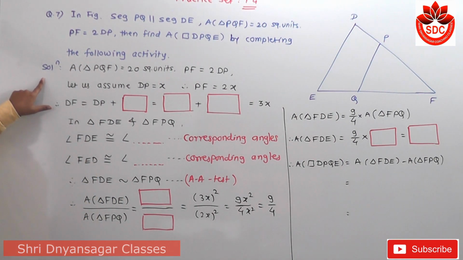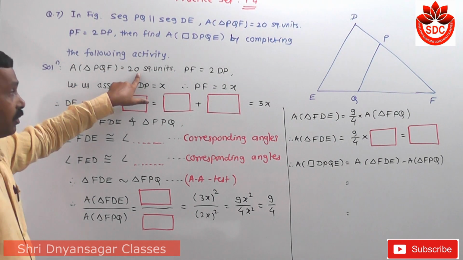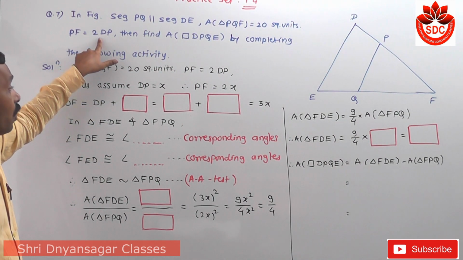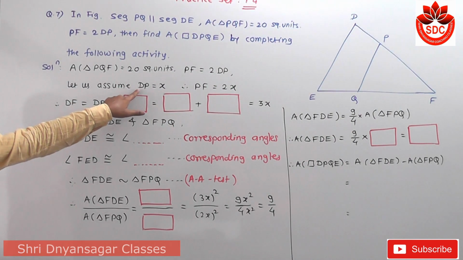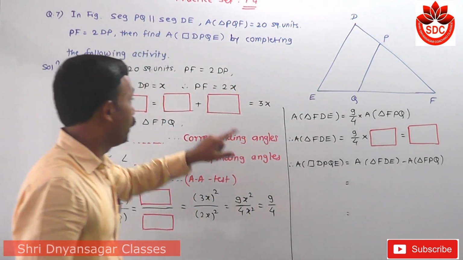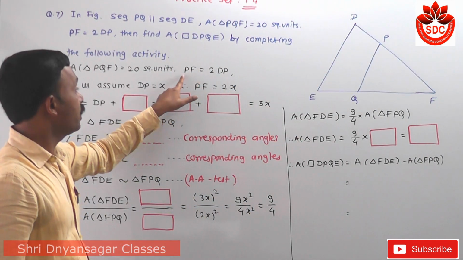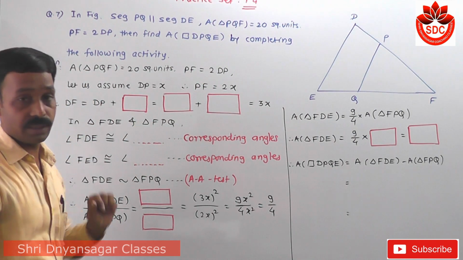Now, in this solution, the area of triangle PQF is given as 20 square unit. PF is twice DP. Now student, let us assume here DP is equal to x. If DP is x, then we substitute the values, and we get that PF is equal to 2x.